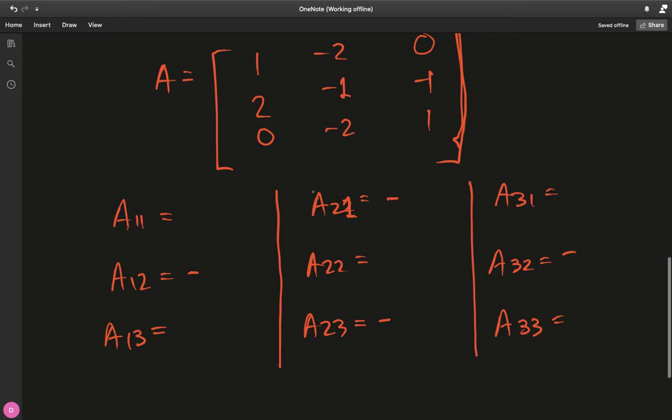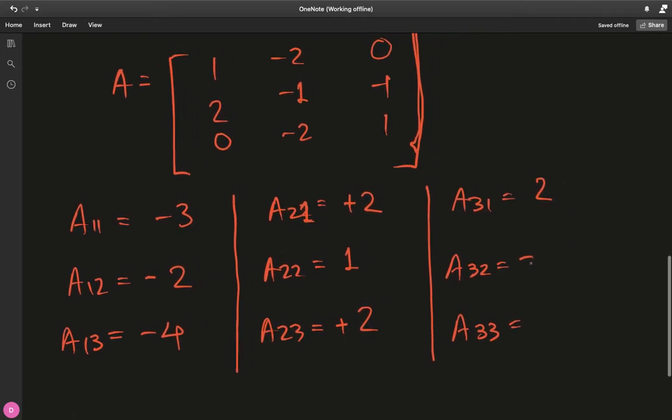So for A11, this becomes -3, 1,2 is +2, this is -4, this will be +2, this will be 1, this will be +2, this will be 2, +1, and 3.